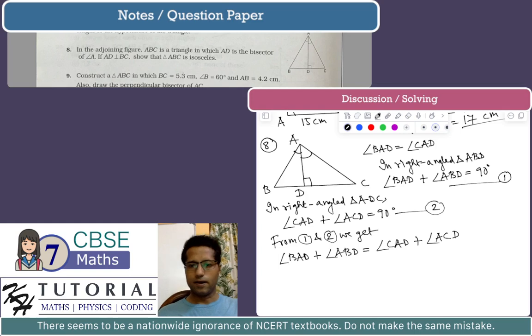Now we already have angle BAD equal to angle CAD, so we can cancel these two angles from both sides. So this implies angle ABD is equal to angle ACD.